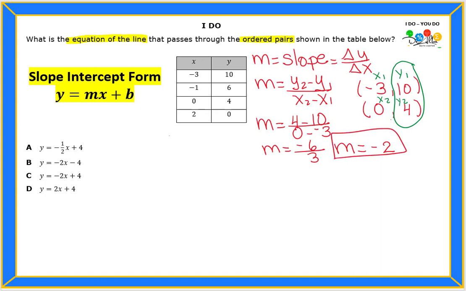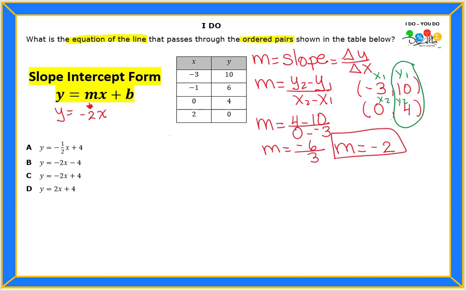So if I come back to my equation, I know that m is going to be replaced with -2 and then followed by the x. I still need to know the y-intercept. Now, there's a couple of things you need to remember about the y-intercept.